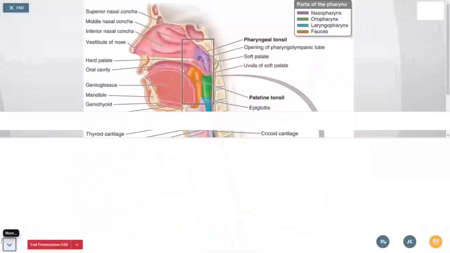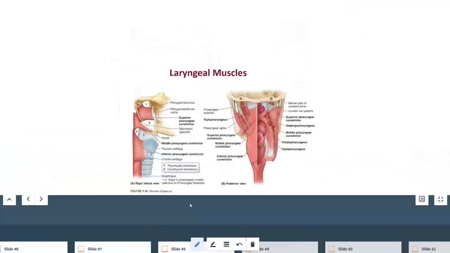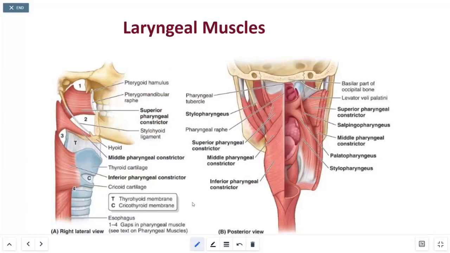Okay, so let me jump to a muscle set here. So this is a good view. This is a view that I actually wanted to move to an earlier slide, but this is showing you some of the constricting muscles of this pharynx region. On the left-hand side, you have a lateral view. On the right side, you have a posterior view. It's very busy.